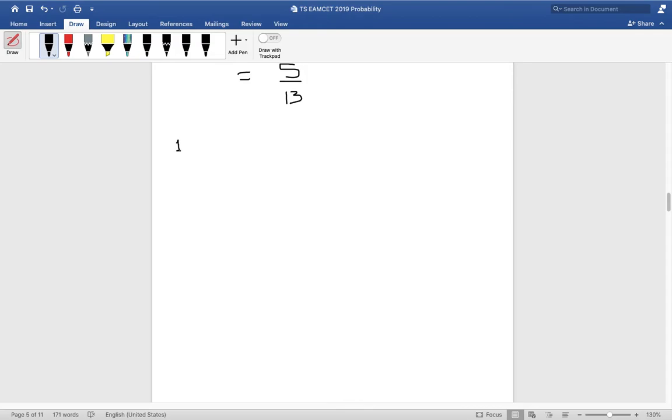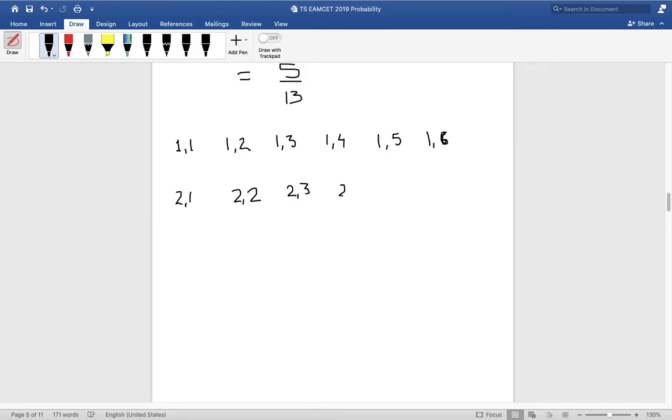So it may be 1 1, 1 2, 1 3, 1 4, 1 5, 1 6, possible options. Then 2 1, 2 2, 2 3. So this problem is really easy.